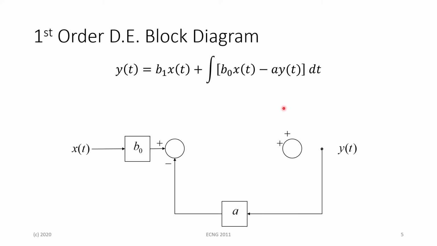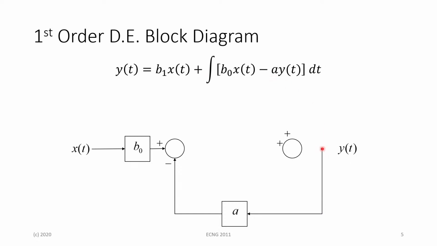We then watch our feedback accordingly from our output. So we have our y(t) signal inside our integral, but it's going to be minus a y(t). That means because it's going back into our system, it's minus a y(t).